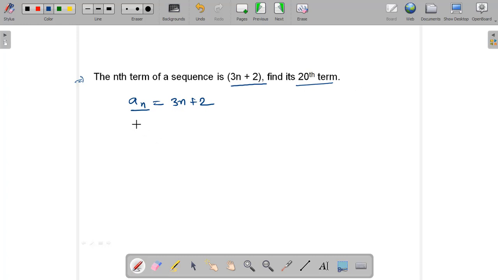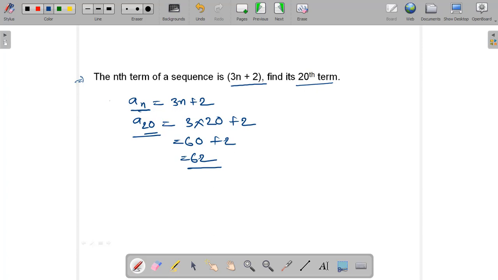Now we find the 20th term of the series, that means a20. So we can write a20 equals 3, and we place 20 instead of n. What we get? 3 into 20 plus 2. That is 3 into 20, that means 60, plus 2, that is 62. So the 20th term of the series is 62.